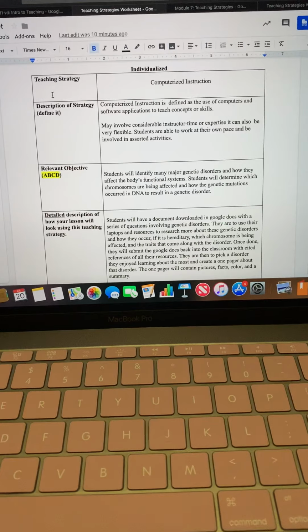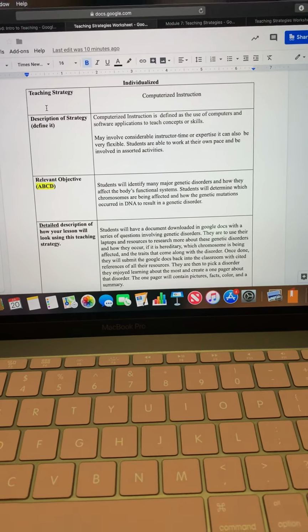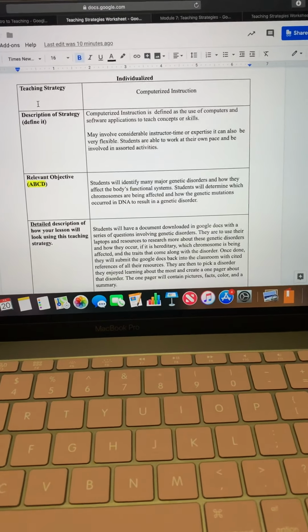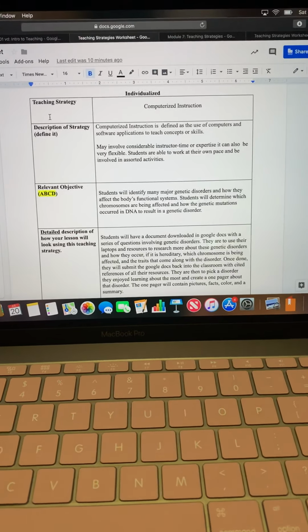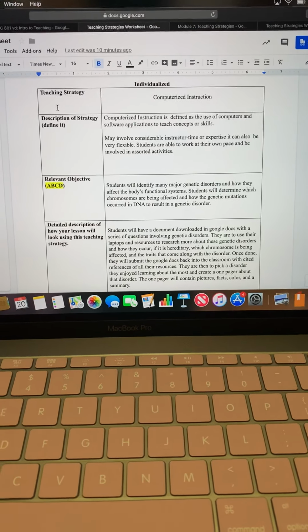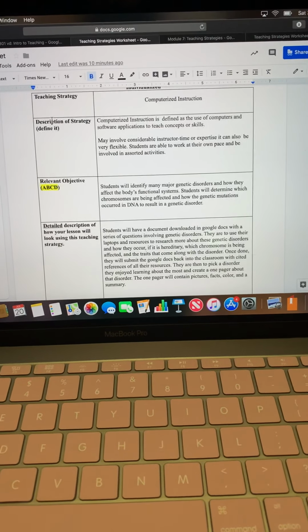So I decided to use a Google document where I would have a list of different genetic disorders that they would have to go research themselves in order to answer the questions I downloaded into the Google Docs for Google Classroom. And I required them to cite their sources, and they would have to create a one-pager.